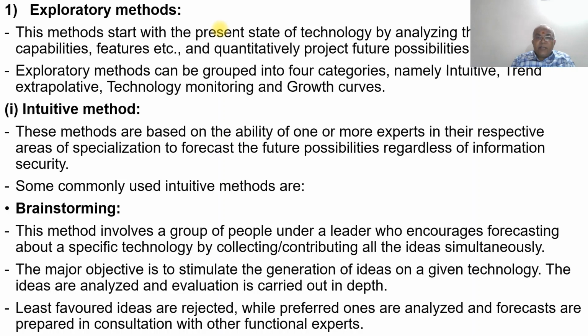So what does it mean? It means that it specifies the present state of the technology by analyzing technological capabilities in your organization. That means whether you have a good number of machines to achieve that, and whether you have good qualitative apparatus so that we can check the products.